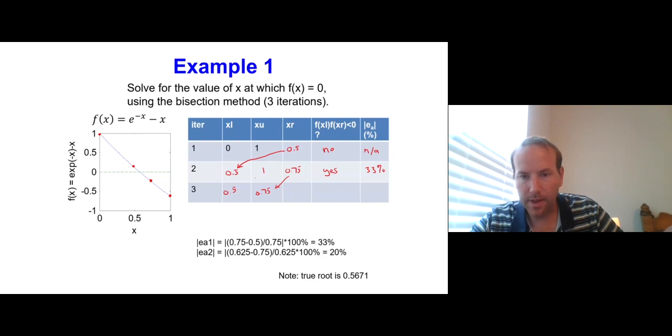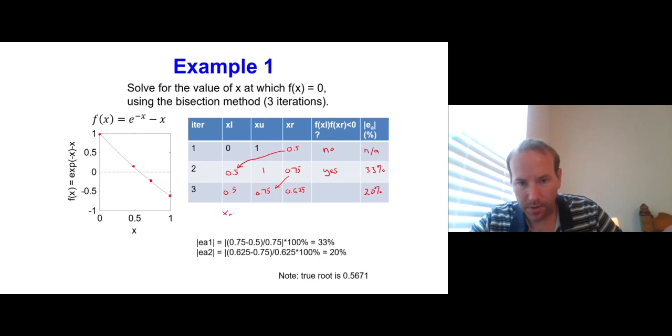This one stayed the same. And then finally, we can find that the xr is halfway in between 0.5 and 0.75, so 0.625, okay? And so that corresponds to a 20% approximate error.